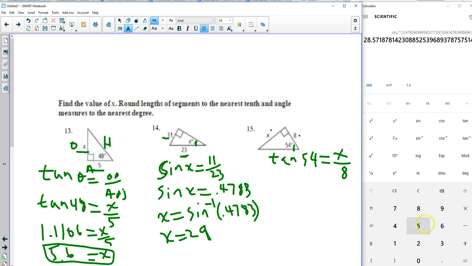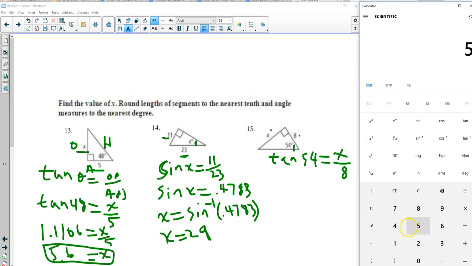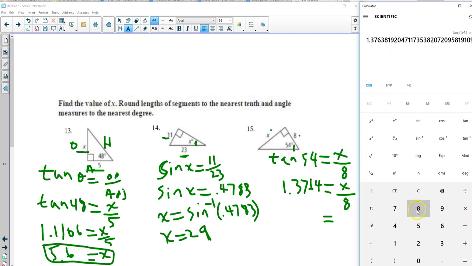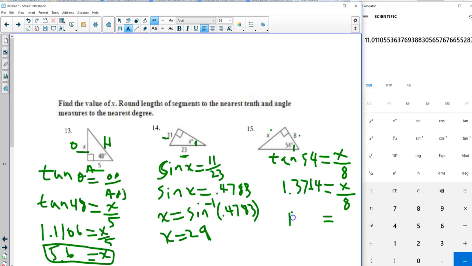So first we've got to find the tangent of 54. 54 tangent is 1.3764, which is equal to x over 8. To find x, I've got to multiply both sides by 8. So times 8 equals 11.0 because we rounded to the nearest tenth.